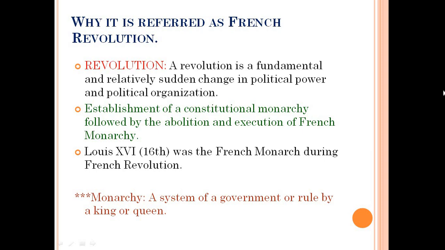Our first topic of discussion is why it is referred to as the French Revolution. Before going to that, let us see what a revolution is all about. Why, when do we refer to any incident as a revolution? A revolution is a fundamental and relatively sudden change in political power and political organization.